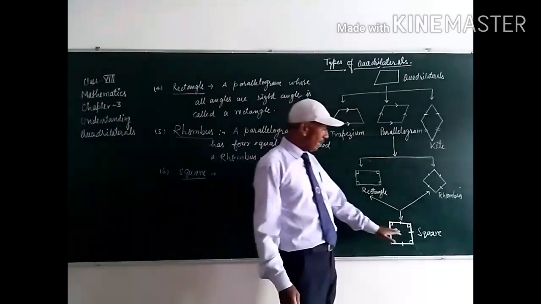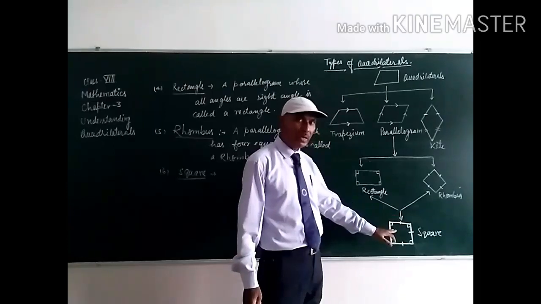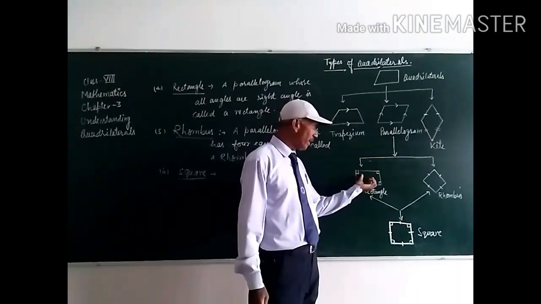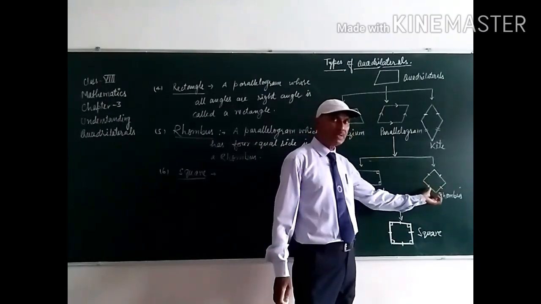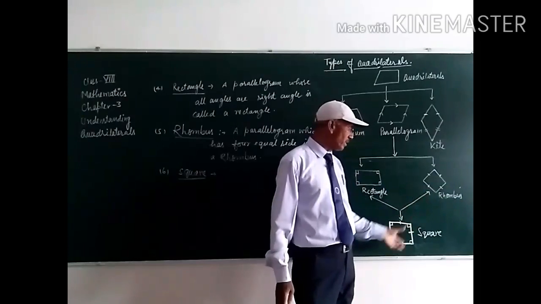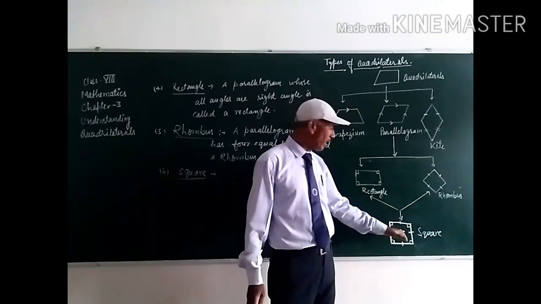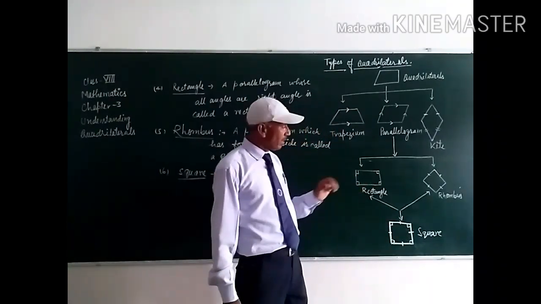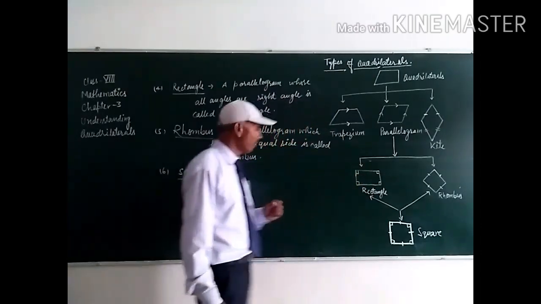This is the last figure of the quadrilaterals, and this is a square. This figure is related to the rectangle, and it is also related to the rhombus, because both are parallelograms. This one is also a parallelogram, students, and this holds the quality of a rectangle. Therefore, we have to define it in terms of a rectangle.